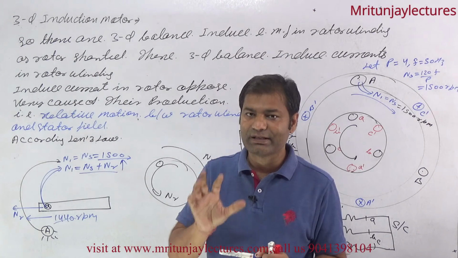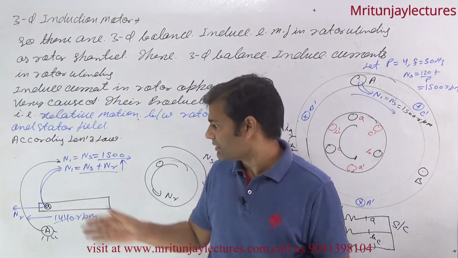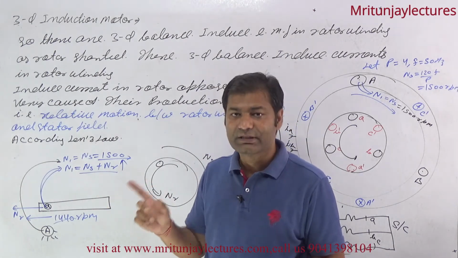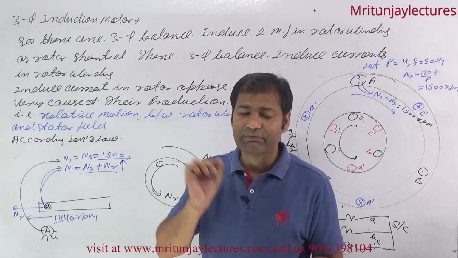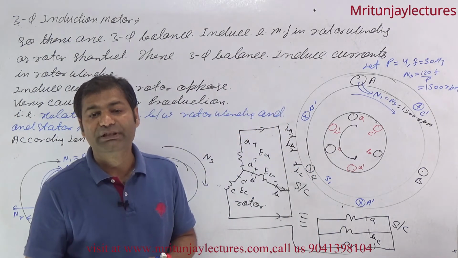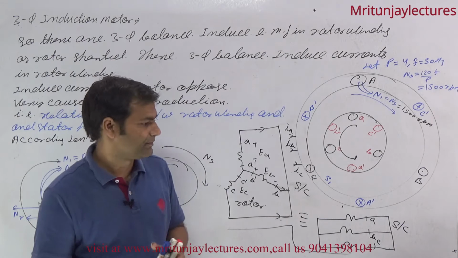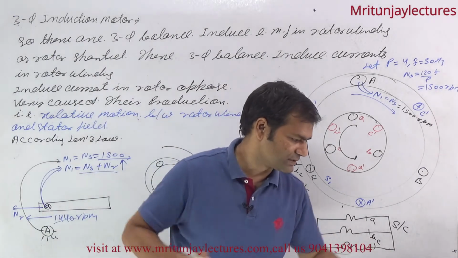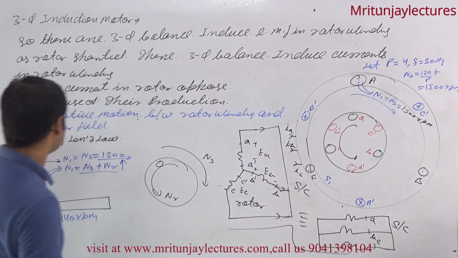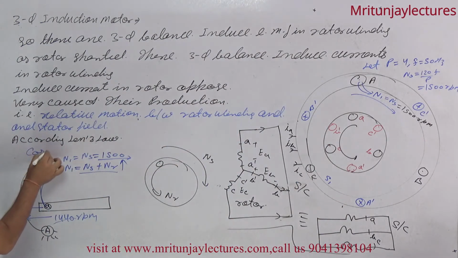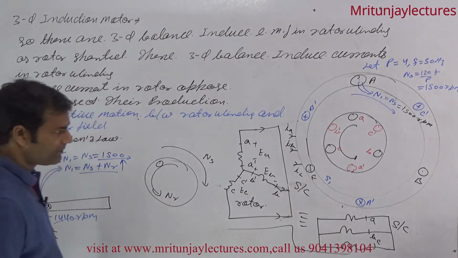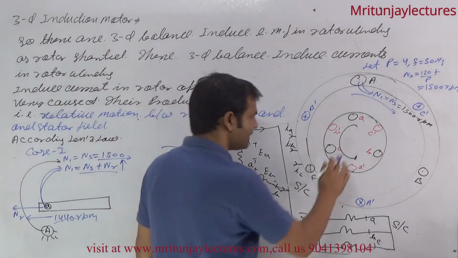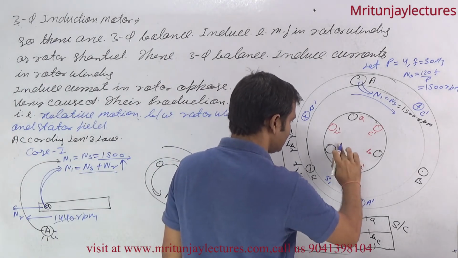It means the relative speed should decrease, but here the speed increases. So the rotor never rotates in the opposite direction of the stator field. Clear? So this first case is not applicable here. Why is the rotor not rotating in the opposite direction of the stator field? Clear?